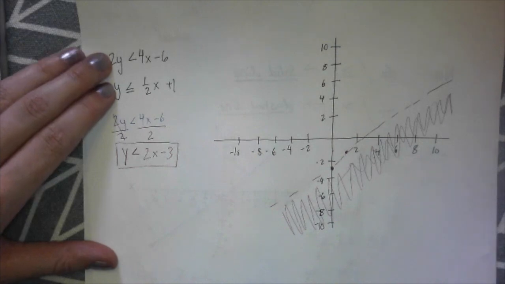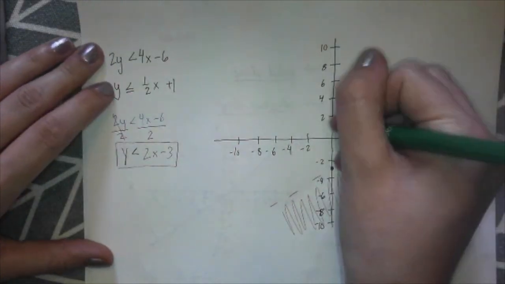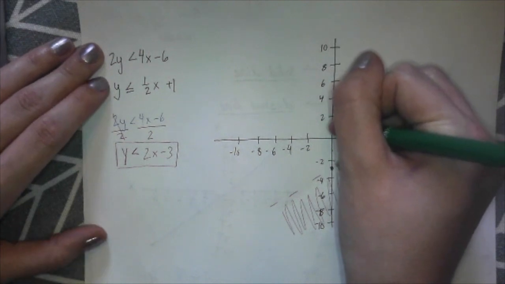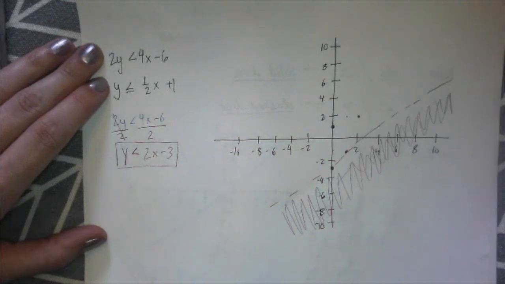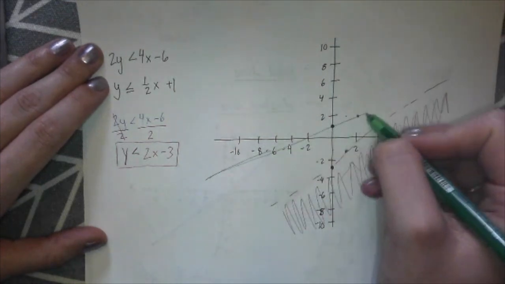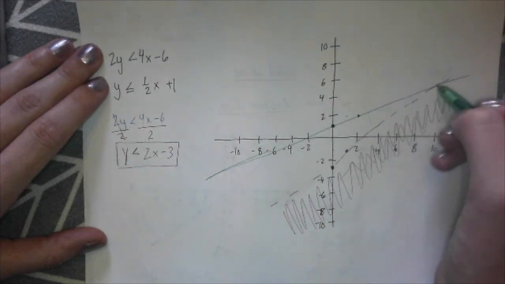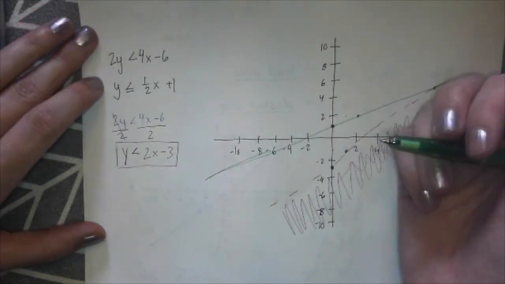All right. Now we're going to move on to this second equation. Our y-intercept is 1, so we're going to start at 1, and then we're going to go up 1 over 2, and then draw our line through those 2 points. They intersect right about there. And then this is also less than.